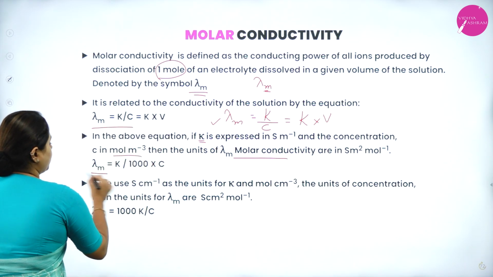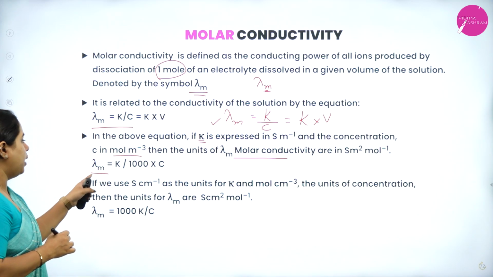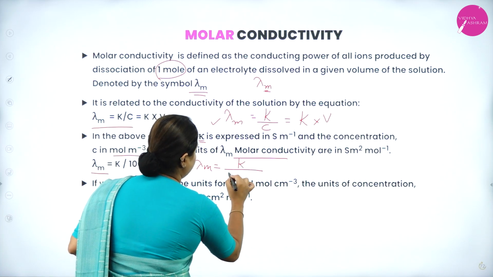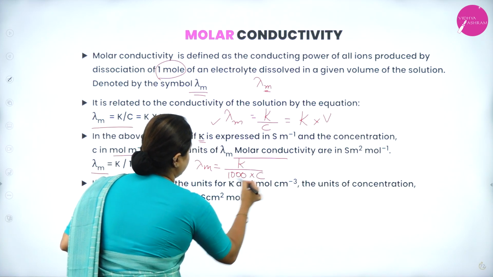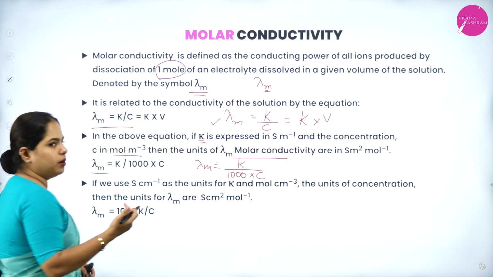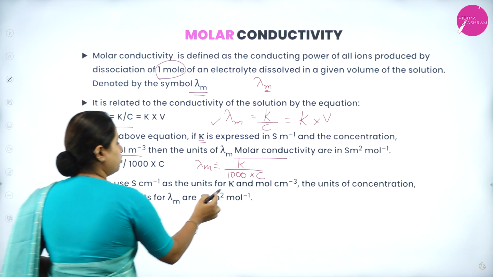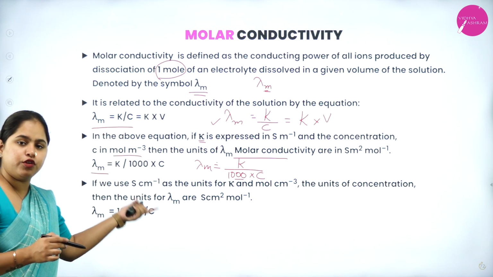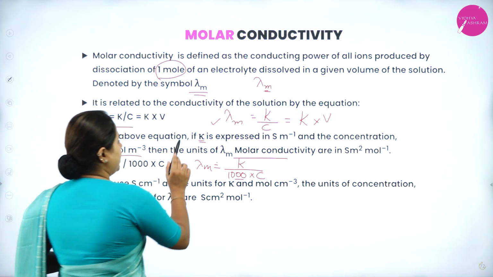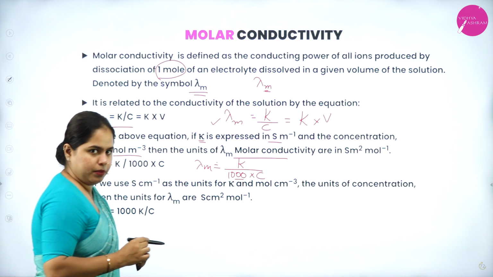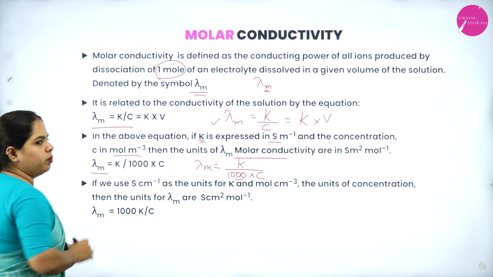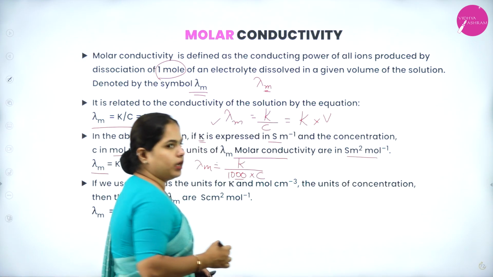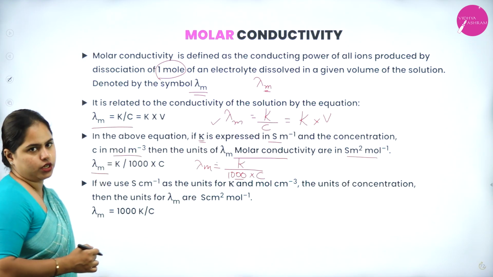Then the equation that you have to use is lambda m is equal to K by 1000 into C. We already know the equation lambda m is equal to K by C, but we have to use 1000 also in the denominator, and you have to be very careful about which unit it is going to be. When conductivity is given in Siemens per meter, concentration is given in mole per meter cube, and molar conductivity will be in Siemens meter square per mole, then you have to use this equation.